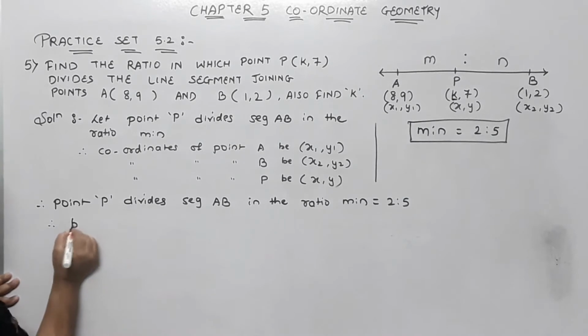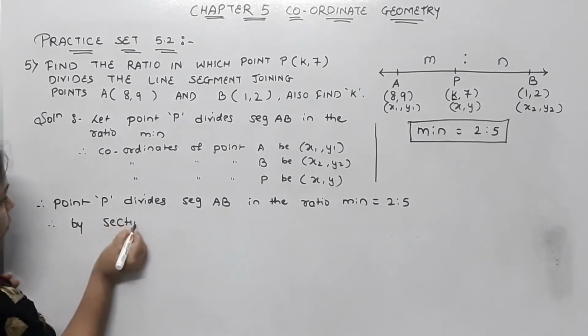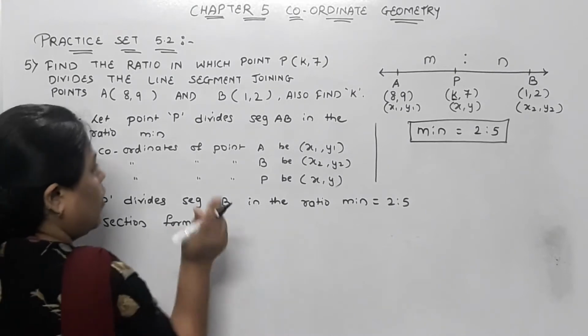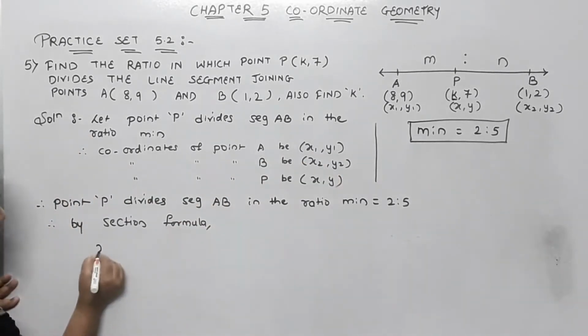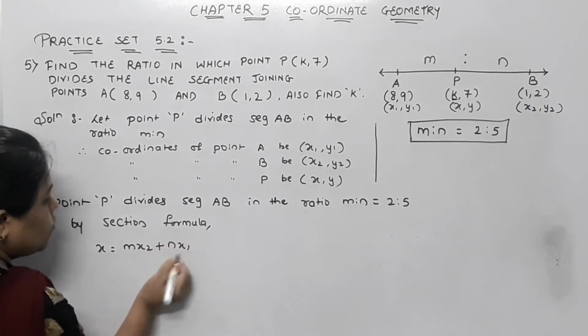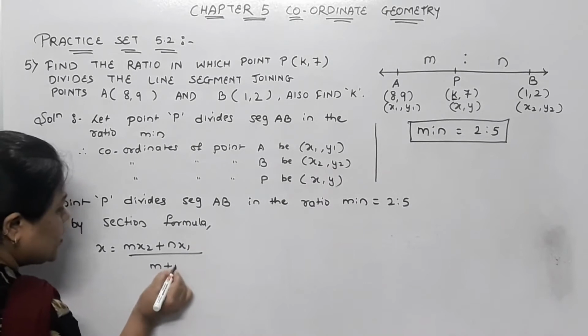Therefore by section formula, now we'll go for x. X equals to mx2 plus nx1 upon m plus n.